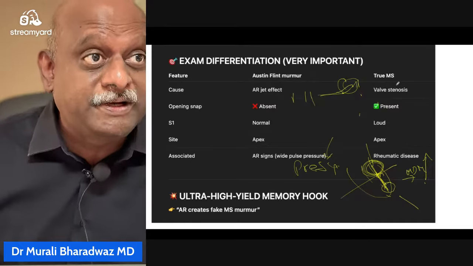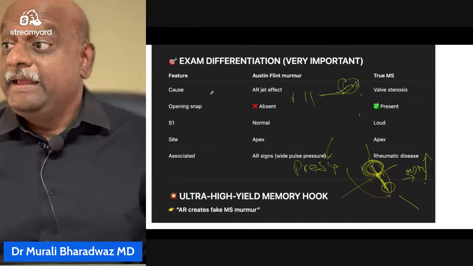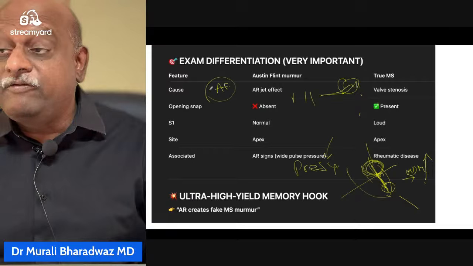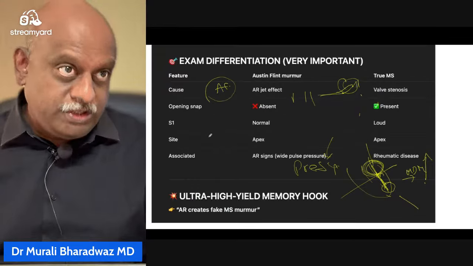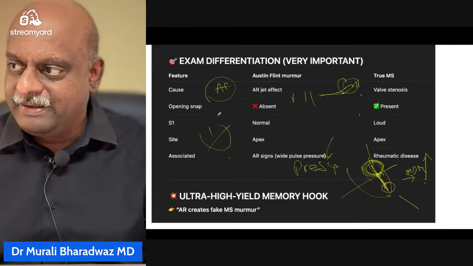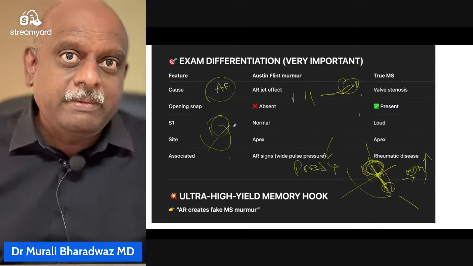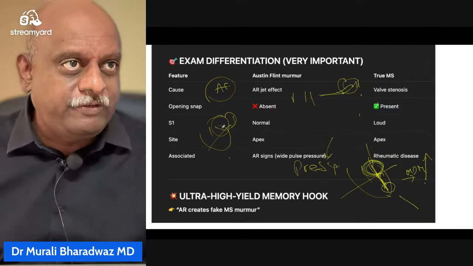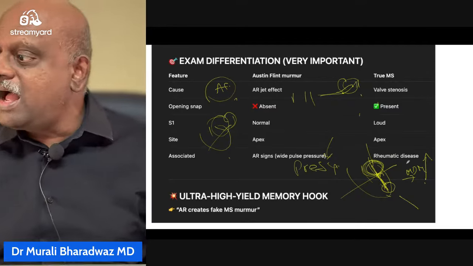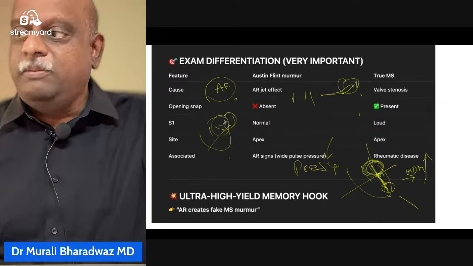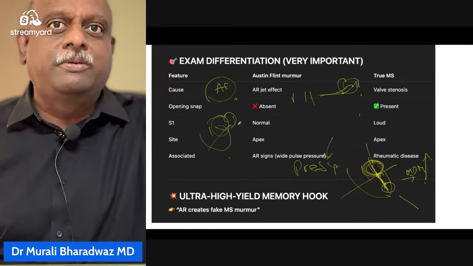But there is an exception to that. If the patient is having atrial fibrillation, which is common in severe MS, when the LA becomes dilated, it will go into fibrillation. Then this last 1/3 accentuation contributed by atrial contraction is no more contributed.